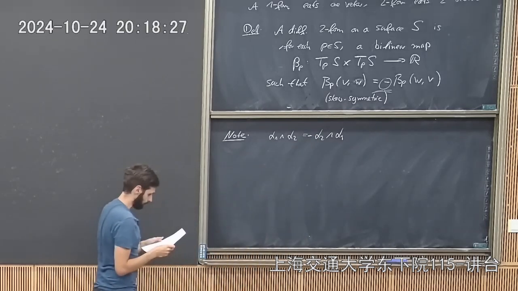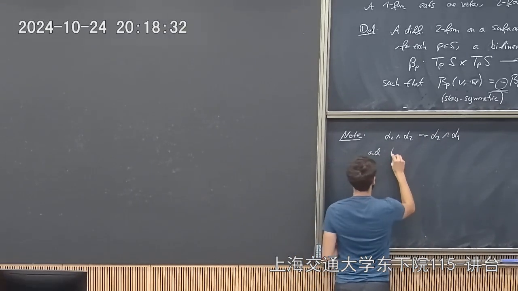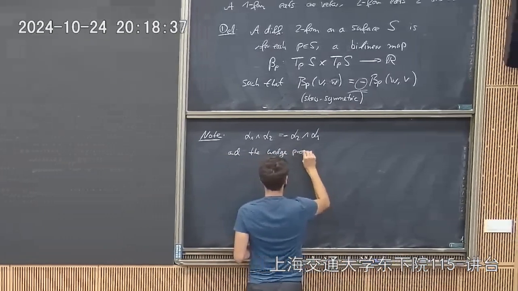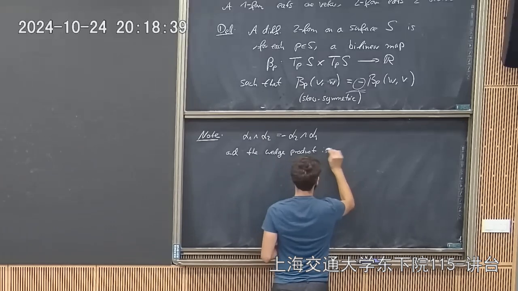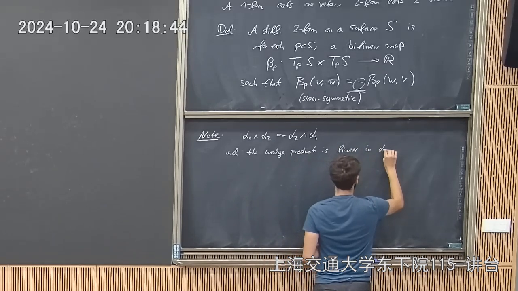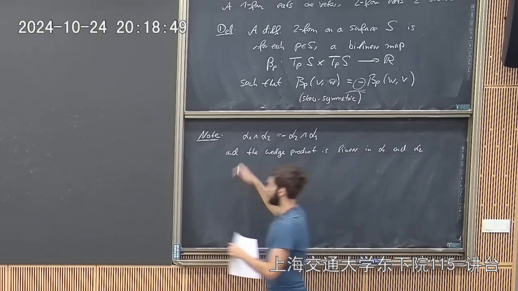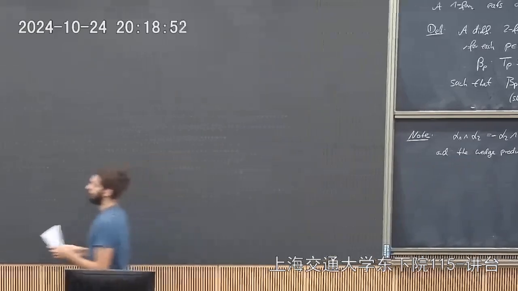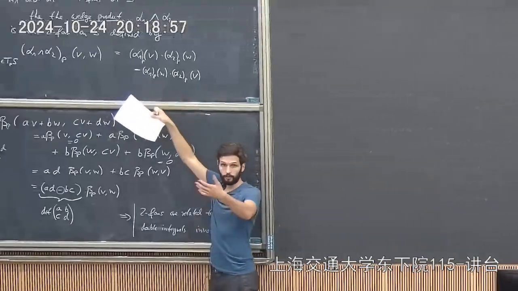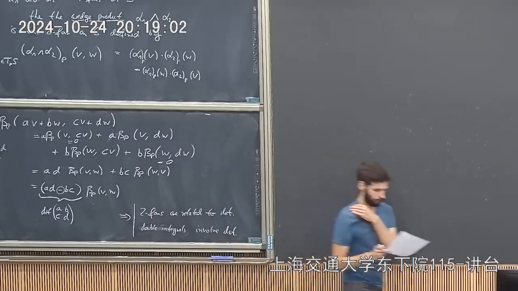So you have this property, and the wedge product is linear in alpha 1 and alpha 2. If you consider the wedge product as a linear operation, you see that also from here. Alpha 1 occurs exactly once, so if you scale alpha 1, then the overall result gets scaled by the same factor.